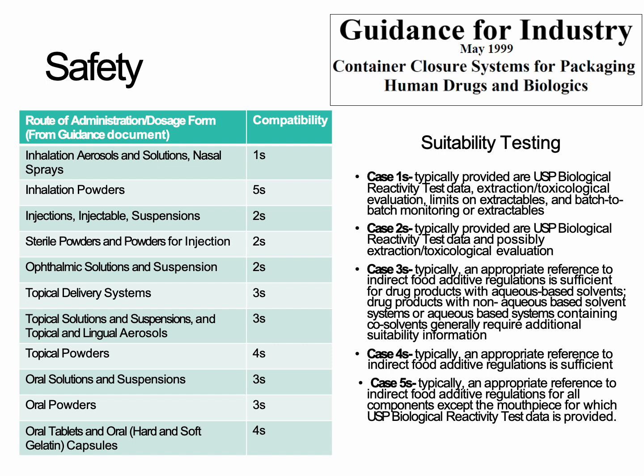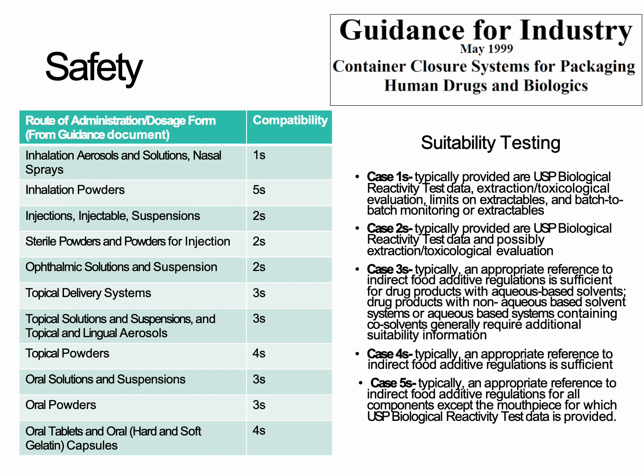So it's typically provided are USP biological reactivity test data, extraction, toxicological evaluation, limits on extractables, and batch-to-batch monitoring of extractables. So now we understand that if we are dealing with, again, products related to the first row, we will need to conduct suitability testing, and we will need to provide the results of those testings as per case 1S that we can see in this guidance for industry document.